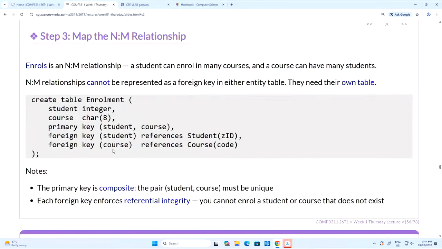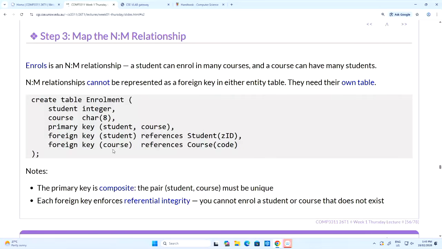And this table can get a bit more complicated than the other tables, because in this many-to-many relationship table, the primary key is the combination of the primary keys of those two entities. So we've got the student entity and the course entity. We need to grab their primary keys, put them together, and make a primary key for this relationship table.